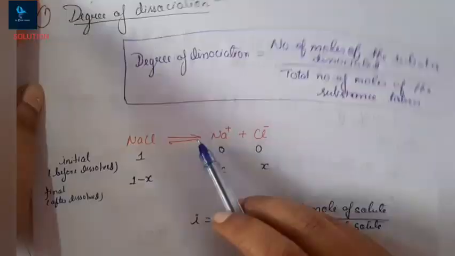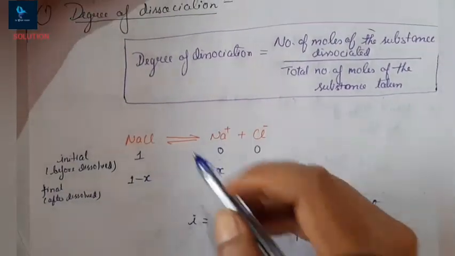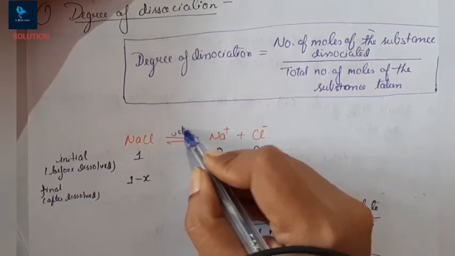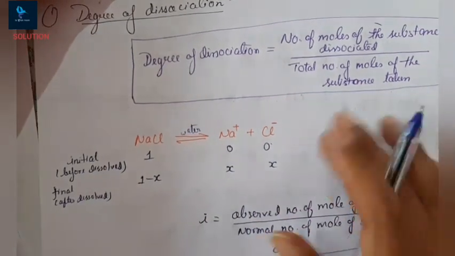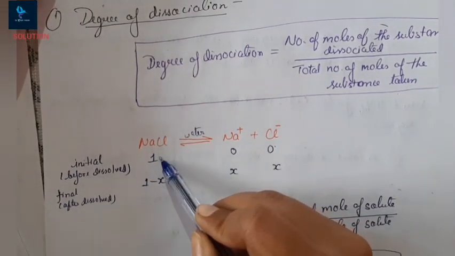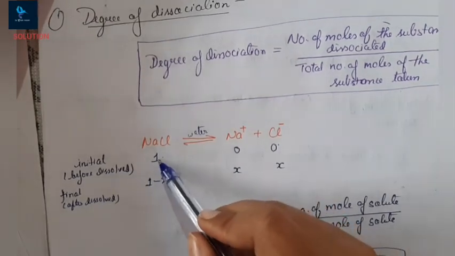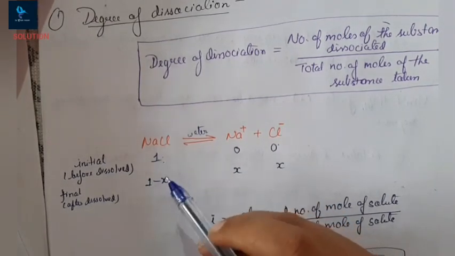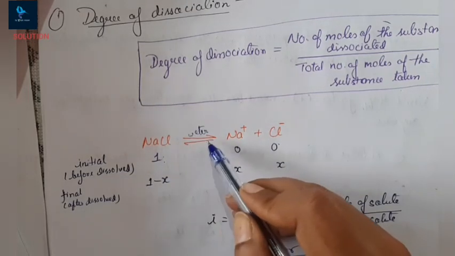Let's assume the ionic compound NaCl. When it dissolves in water, it converts into Na plus and Cl minus. Here we took 1 mole of NaCl initially, before dissolving in water.